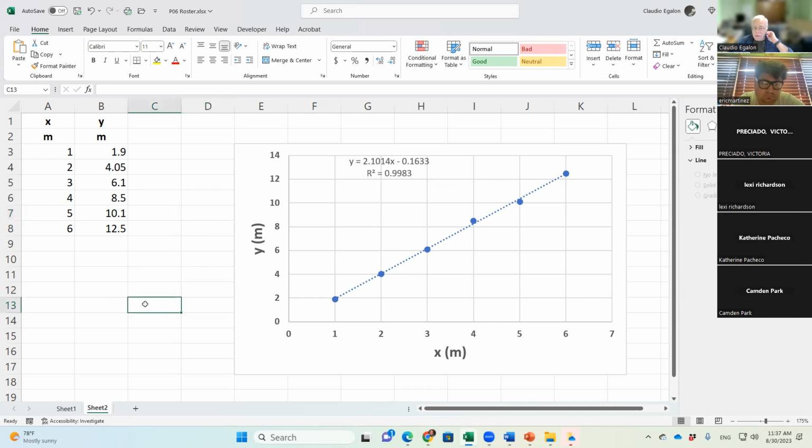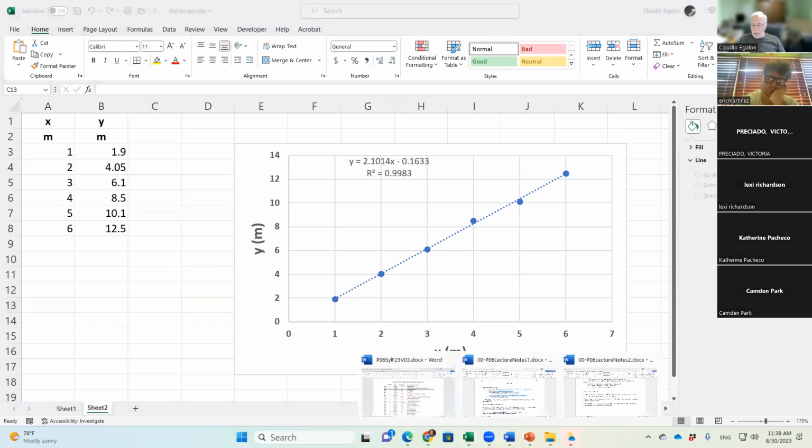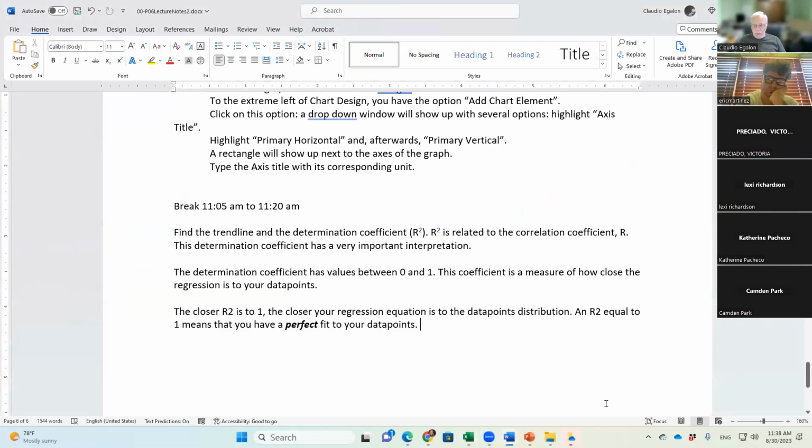But then later on, one day I started reading a book in statistics, and I learned about another very important parameter in statistics, which people have been neglecting for a long time. I do not know why they neglect this important parameter. And I'd like to share that with you folks.